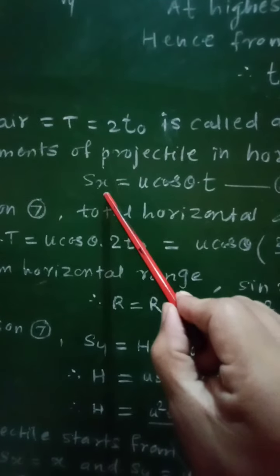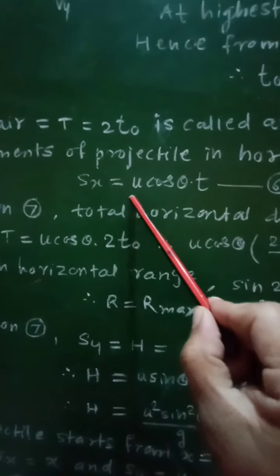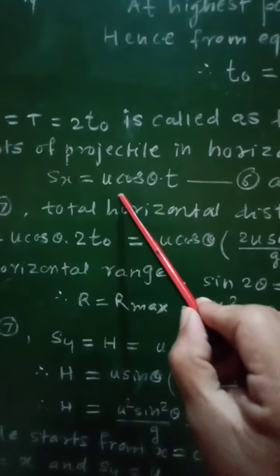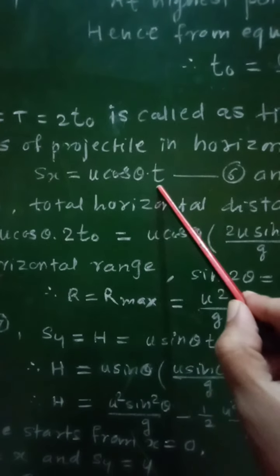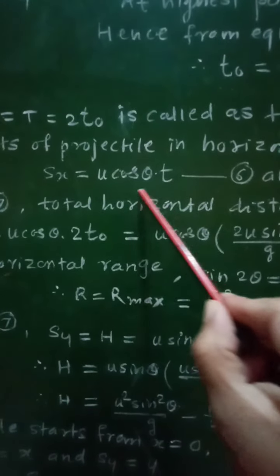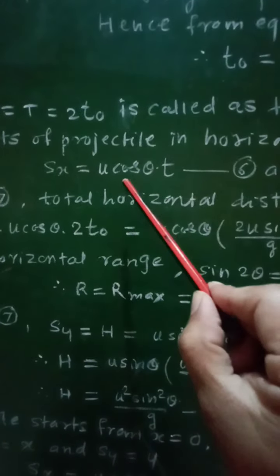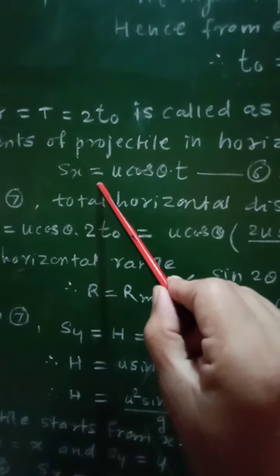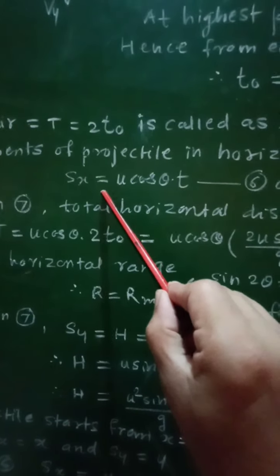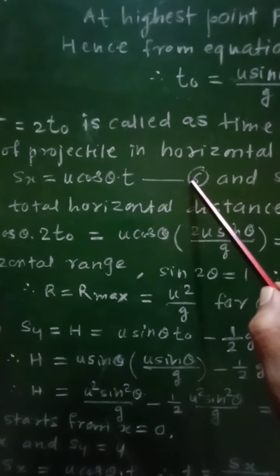Sx, that is in the horizontal direction the displacement of that projectile, will be equal to u cos theta into t. So u cos theta is one of the components of velocity, and velocity into time will give us displacement, that is Sx, equation number 6.